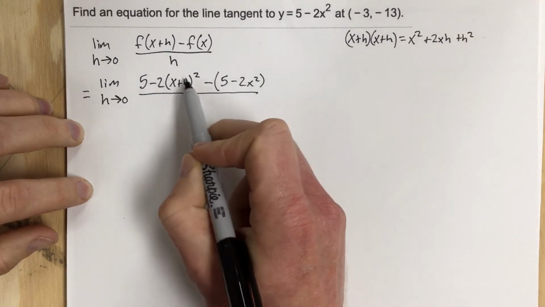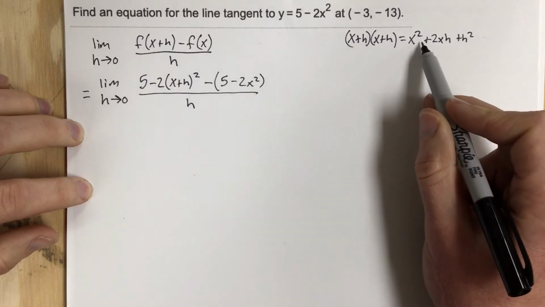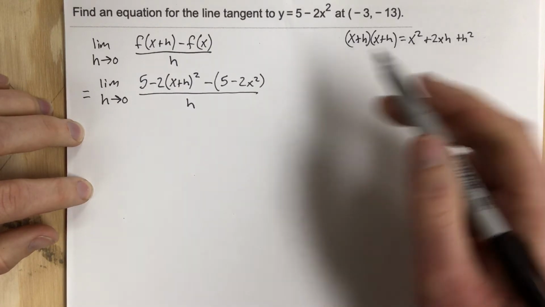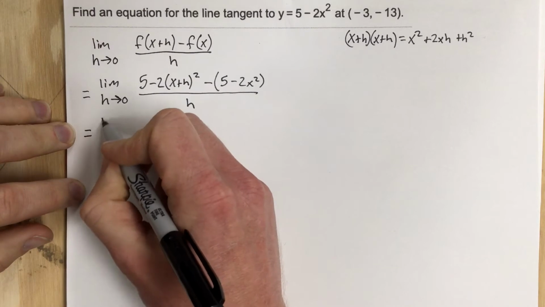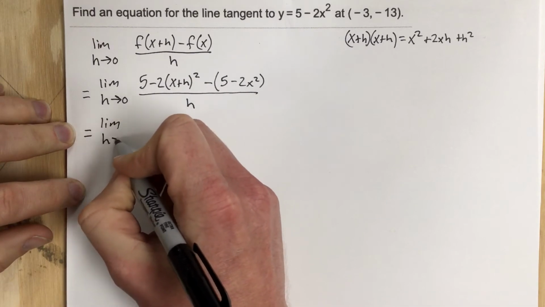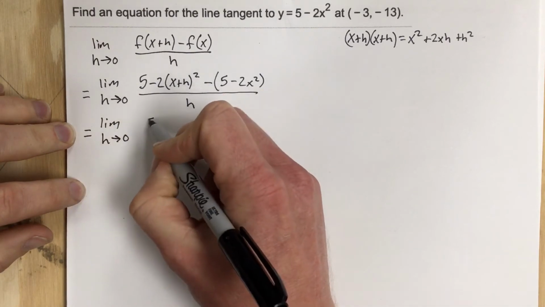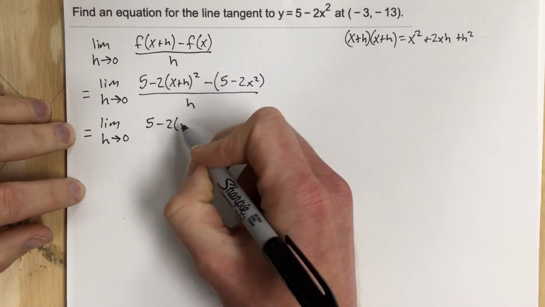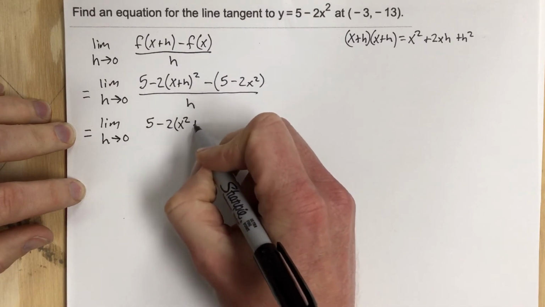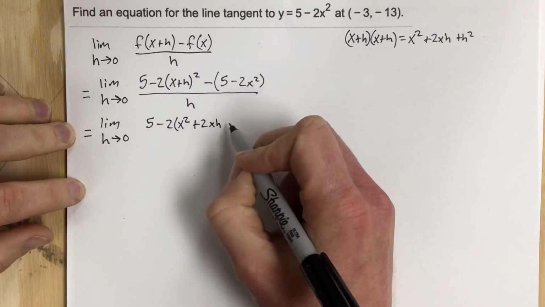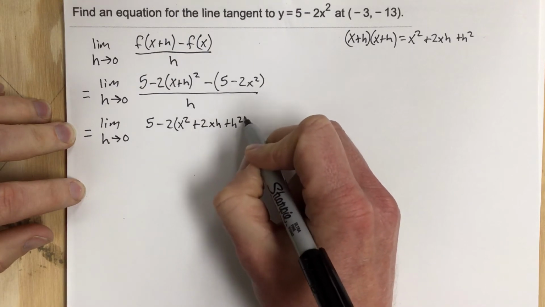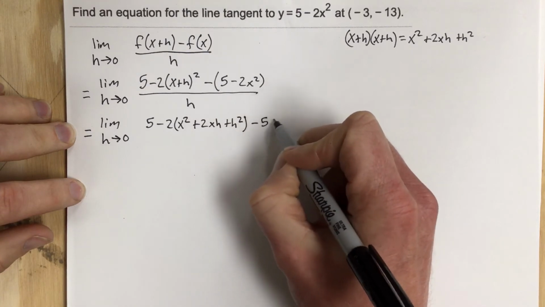So I can replace this x plus h squared with x squared plus 2xh plus h squared. So that equals the limit as h approaches 0 of 5 minus 2 times x squared plus 2xh plus h squared, minus 5 plus 2x squared.